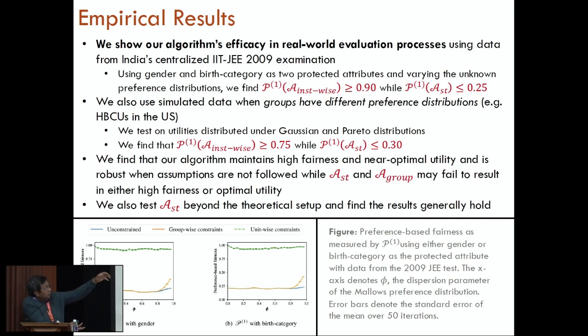In particular, P sup 1 just means the fraction of candidates with respect to the first preference. So P sup 1 is the preference-based fairness where we are only looking at the top preference: how many people get their first preference from group 1 versus how many people get their first preference from group 2. And that rises from 0.25 to 0.90.